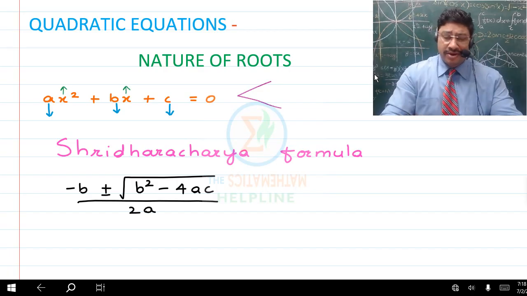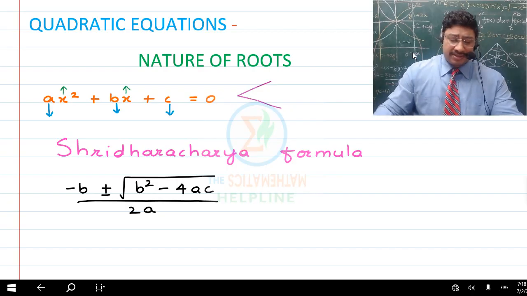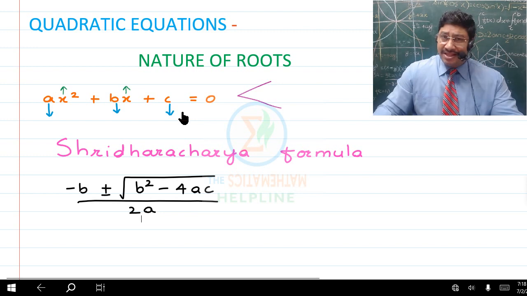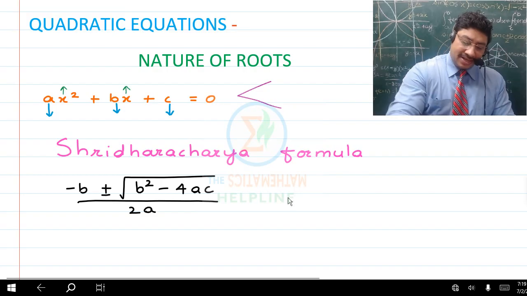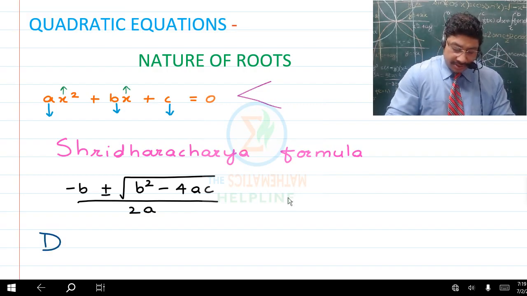Whatever quadratic equation we have, we compare it with ax square plus bx plus c. We get the values of a, b and c, and then if we keep them in this formula, we are able to get the roots. Now children, there is one thing which is very important here, that is b square minus 4ac. This b square minus 4ac is known as the discriminant, right?